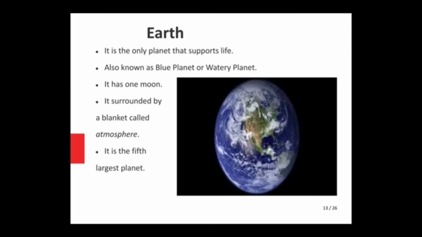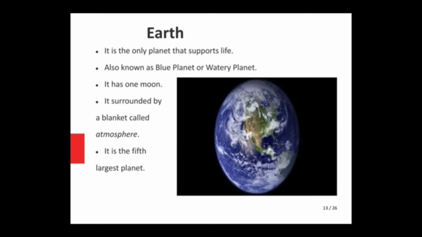The third planet is our planet Earth. Earth is the fifth largest planet in our solar system and the third planet from the Sun. It is the only planet in the solar system that supports life. Why?